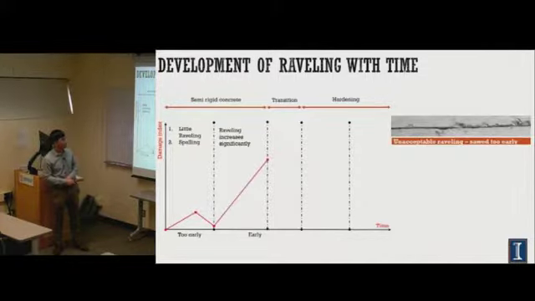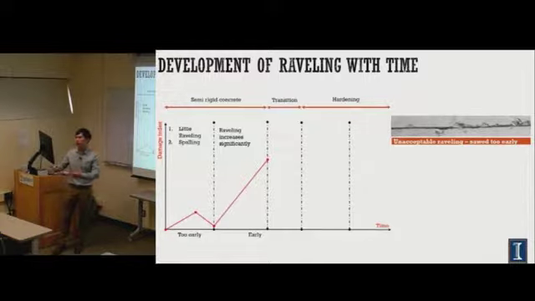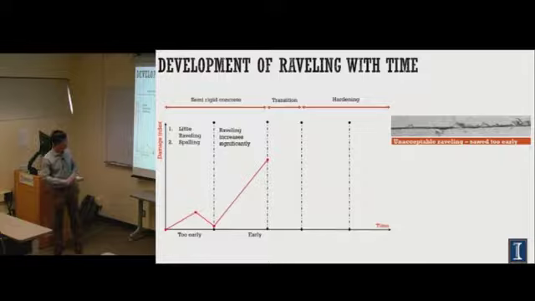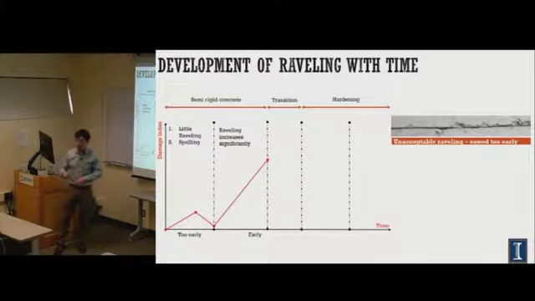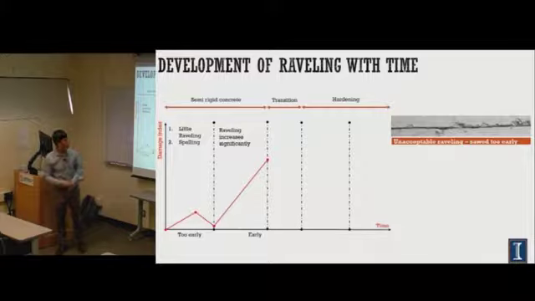But as hydration proceeds, the concrete gains more strength. The concrete microstructure solidifies and increases in strength. That's why at that time we will see more raveling, until the concrete has sufficient strength to stabilize the aggregate inside the paste.